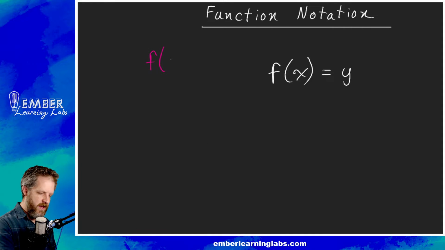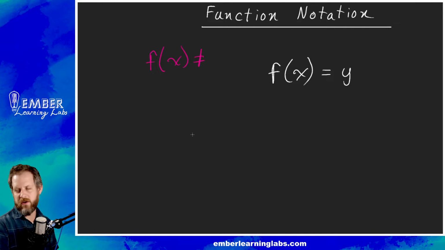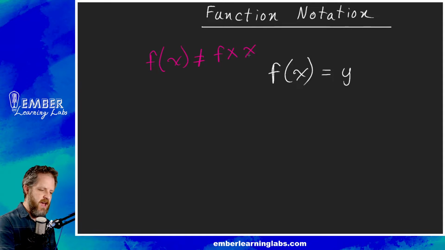This does not equal, this is very important, this does not equal f times x, okay? What this does mean is this is f, we say this f of x.